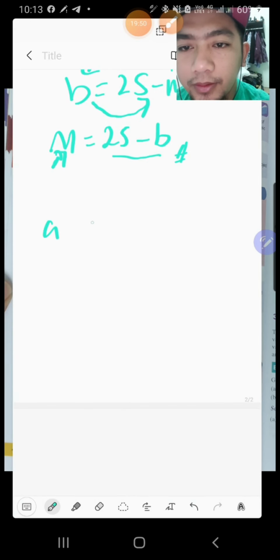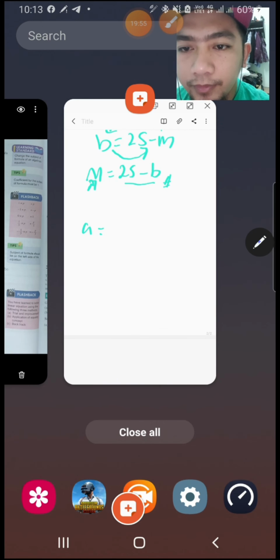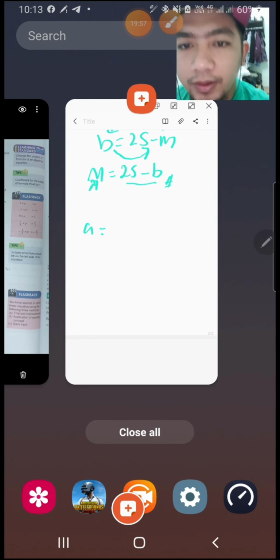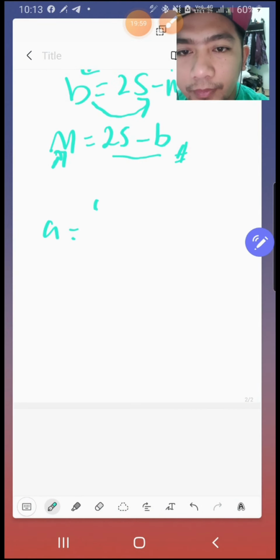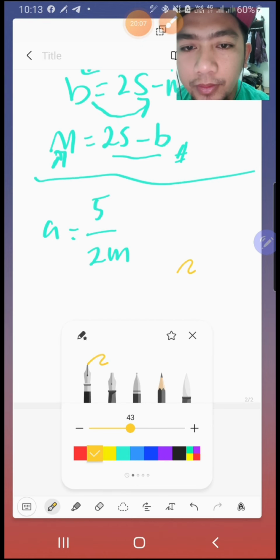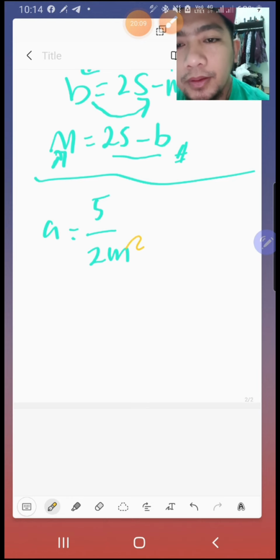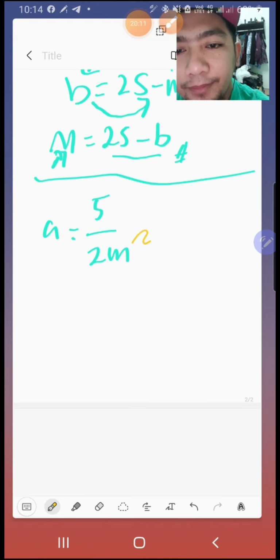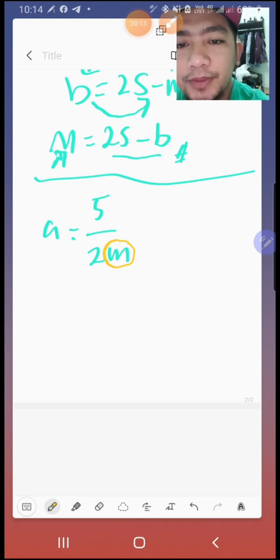Okay, A equals 5 over 2m. So how can this m become the subject of the formula?